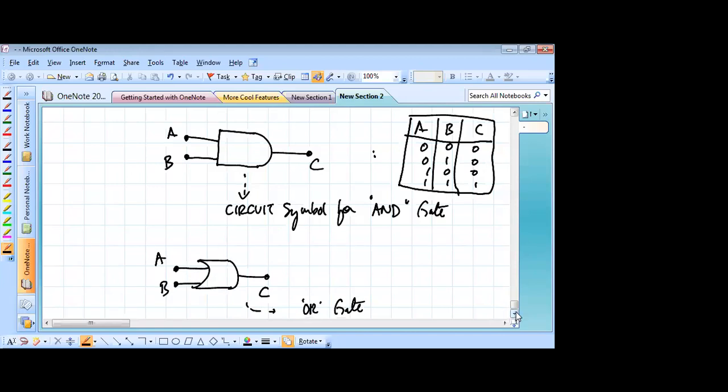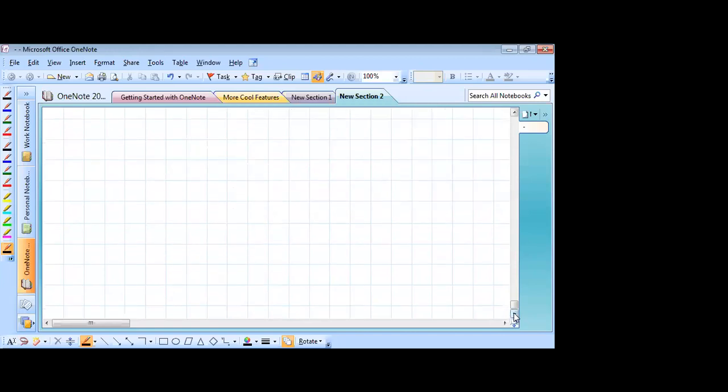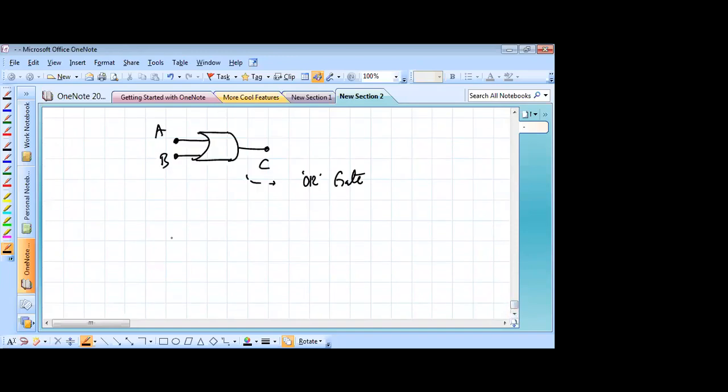And as a circuit inside the OR gate, what is implemented is the digital logic, which is shown by this particular circuit diagram I'm making now.